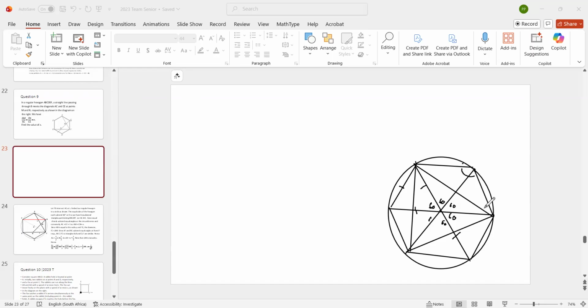So the interior angles are all 120. All the angles are equal. And then you will see that this chord here subtends 120 degrees, and equal chords subtend equal angles.